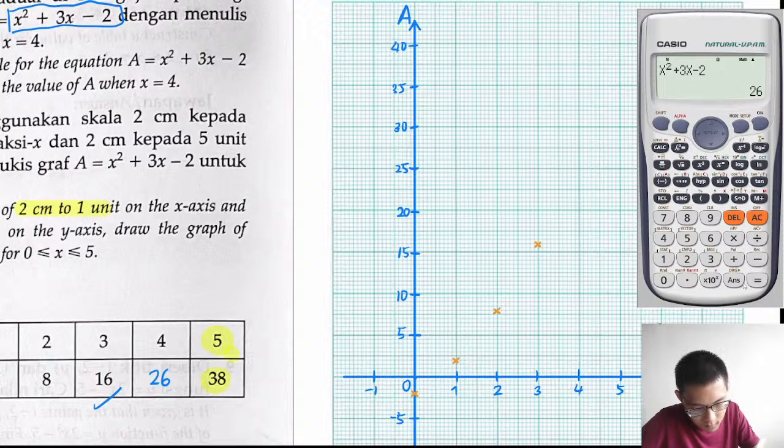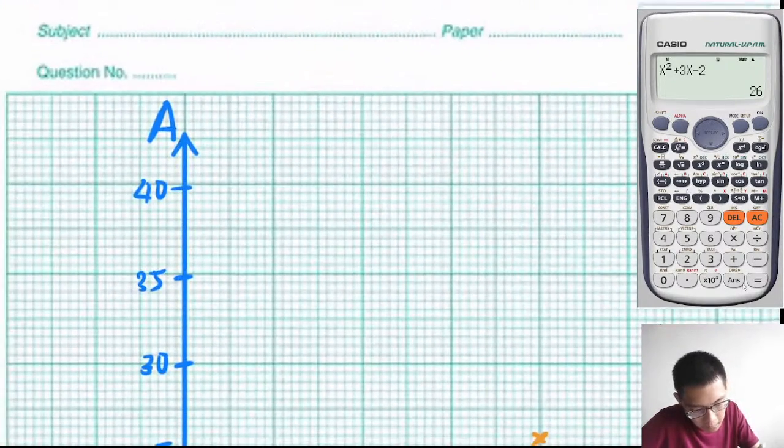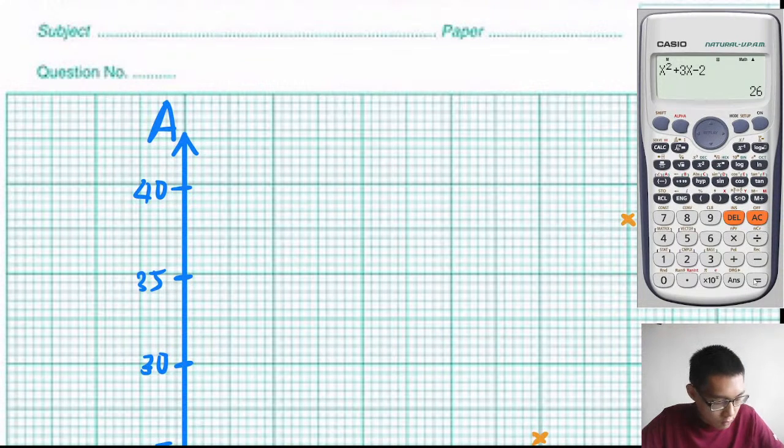When x is 4, 26. When x is 5, 38. 38 should be here. So that means every 2 units, it increases 1 unit. Every 2 squares increase 1 unit. So we need to see it like that.